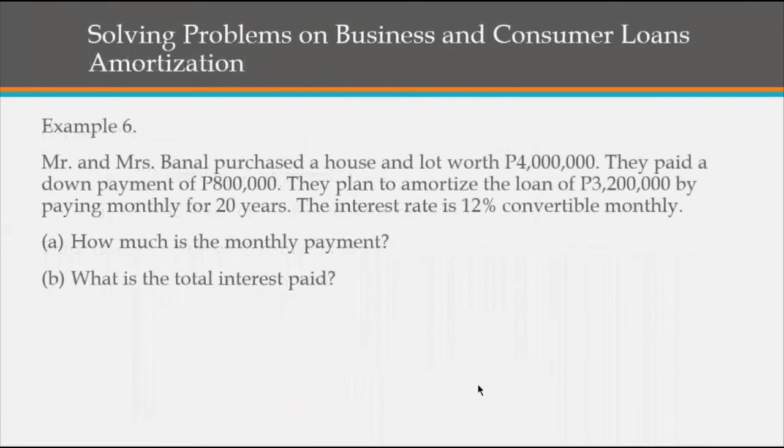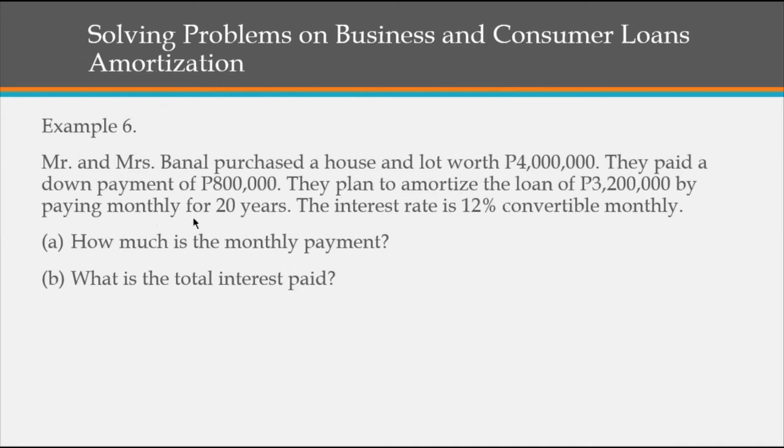Okay. Next example, number 6. Babalik tayo dun sa ating amortization. Ito naman ay example na business or consumer loans under amortization. Mr. and Mrs. Banal purchased a house and lot worth 4 million pesos.